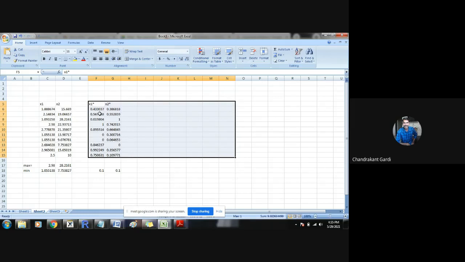So we have to bring them on the same scaling range. Once we bring them on a similar range, then we can calculate distances between them, and then find the smallest distance, the nearest neighbor.